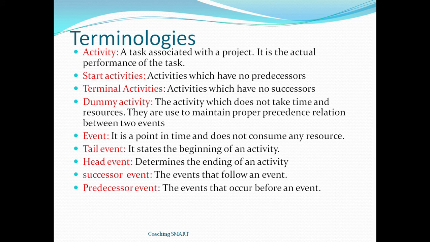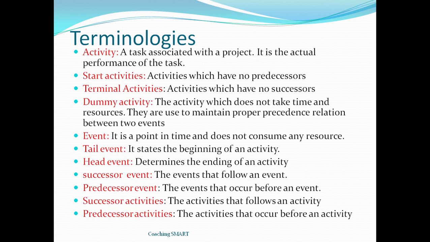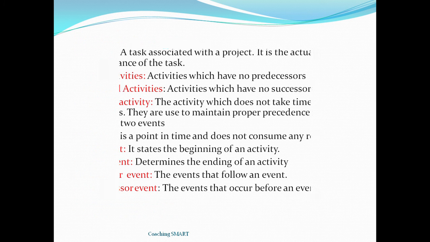Predecessor event, the event that occurs before an event. Successor activities, the activities that follow an activity. Predecessor activities, the activities that occur before an activity. So you need to be very careful when you're dealing with successor event and predecessor event, successor activities and predecessor activities.